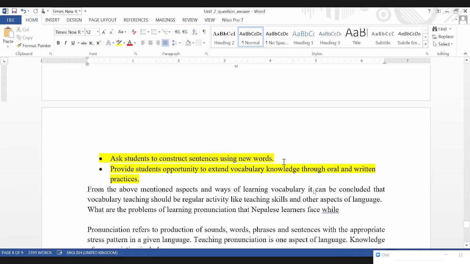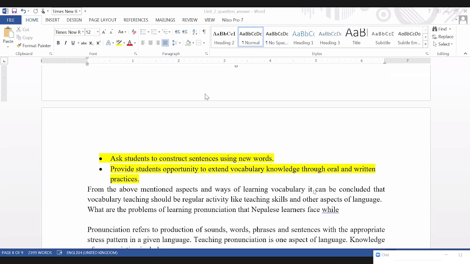If they use the newly learned words in their own original or private sentences, there will be learning. So finally, we provide opportunity to extend this vocabulary knowledge through oral and written practices. These are some basic steps that we can use while teaching vocabulary.